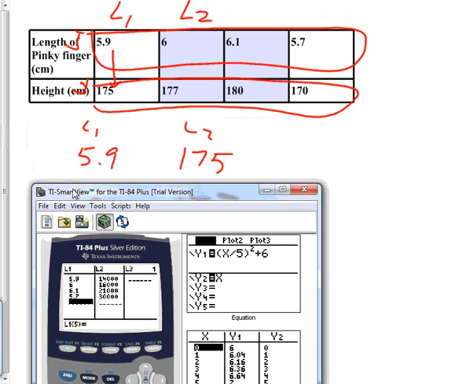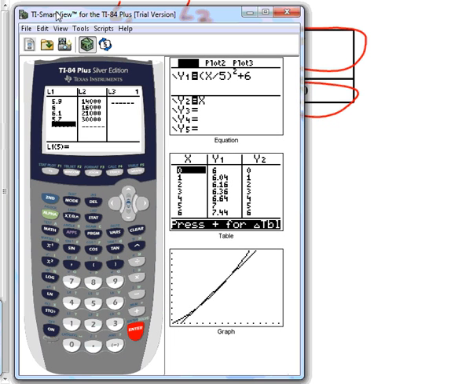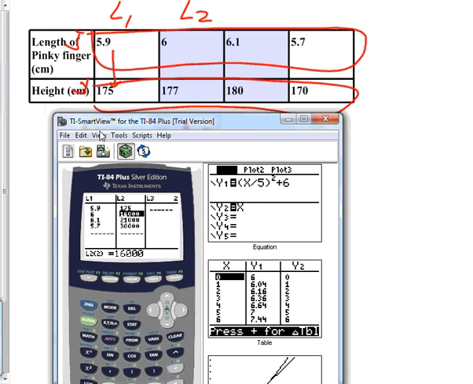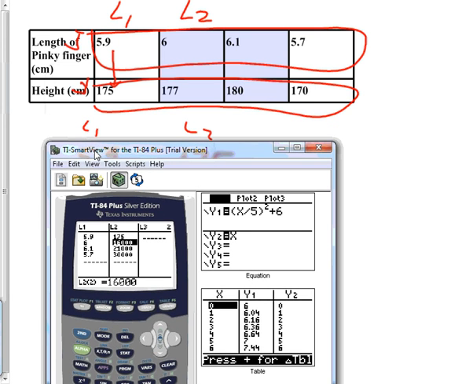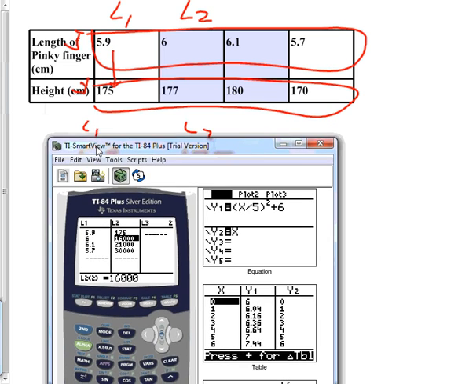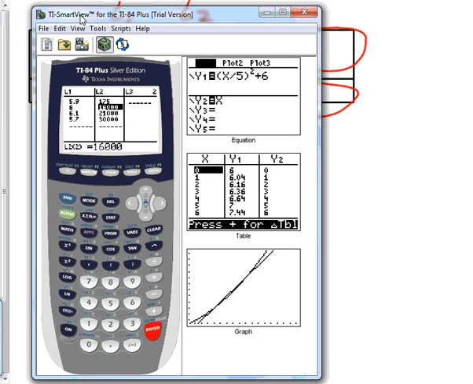5.9 goes with 175. So I go over here, put in 175. You may as well put this in your list too, because you'll have to do this one with your calculator. 175. And a person who has got a 6 centimeter pinky has height 177. So 177.